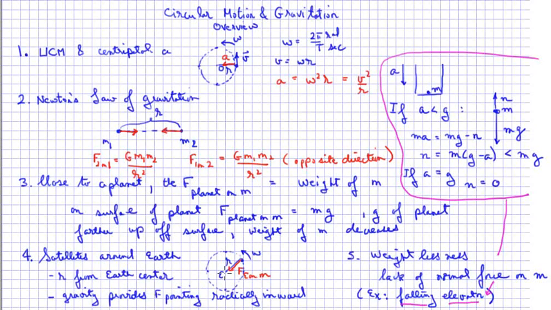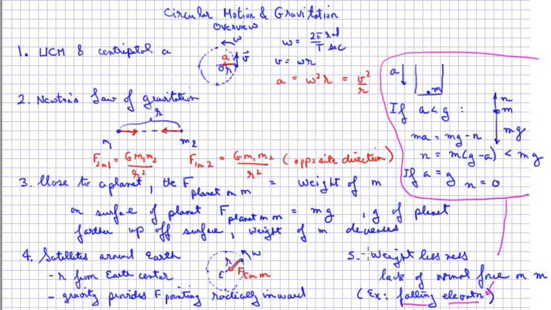The Earth is at the center, and the satellite is at some radius r with respect to the center of the Earth. And the key thing to note there is that gravity, pointing radially inward, provides the radially inward force required to get the centripetal acceleration that's required for UCM.